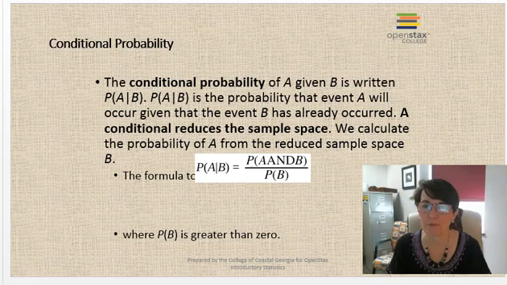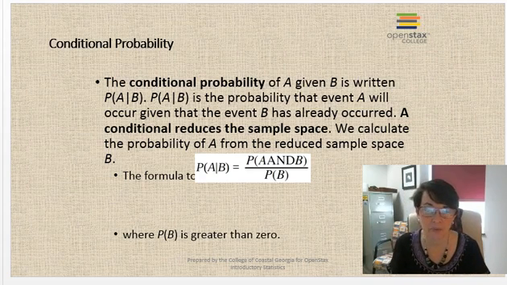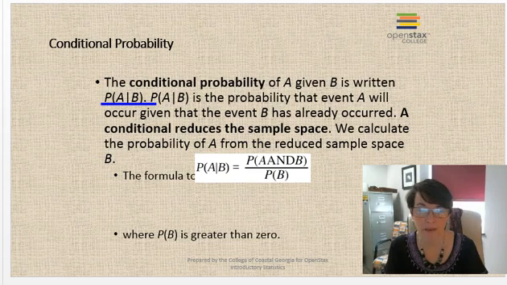The conditional probability of A given B, that means I have two things happening. What's the probability that A is going to happen if B has already happened? It's written in this way with that line in between the A and the B right there. And it's the probability that event A will occur given that B has already occurred.